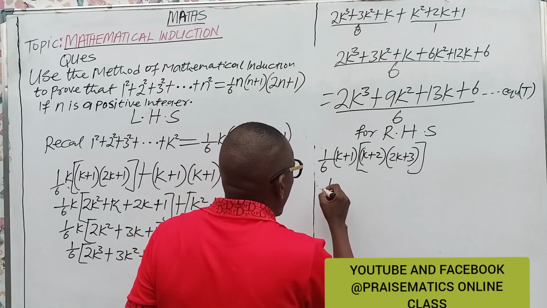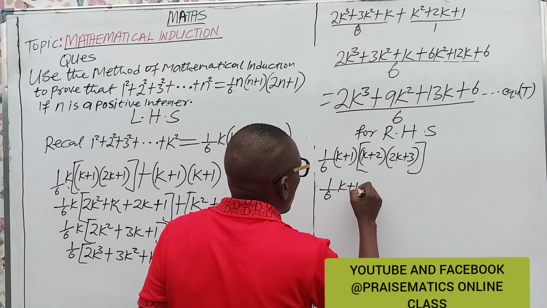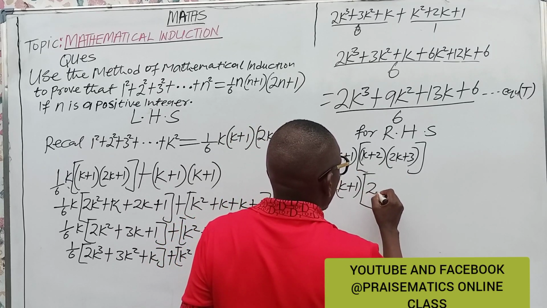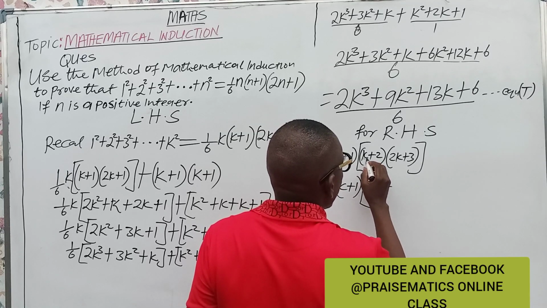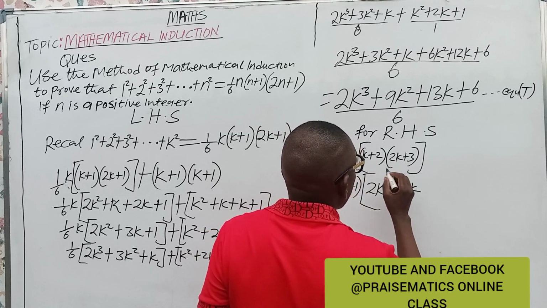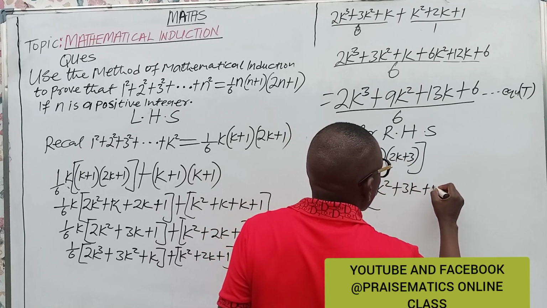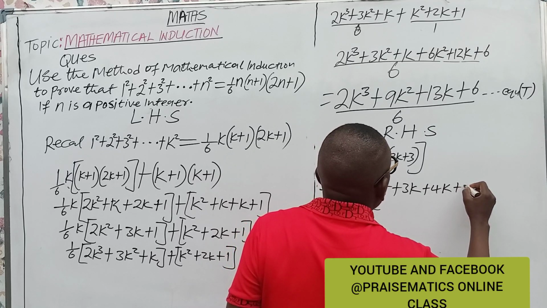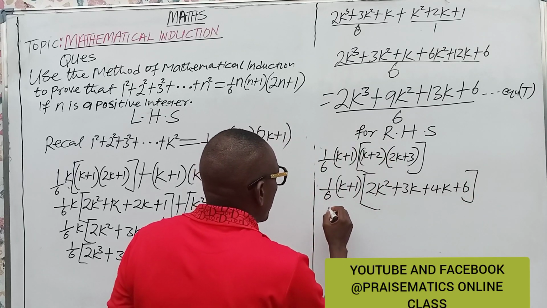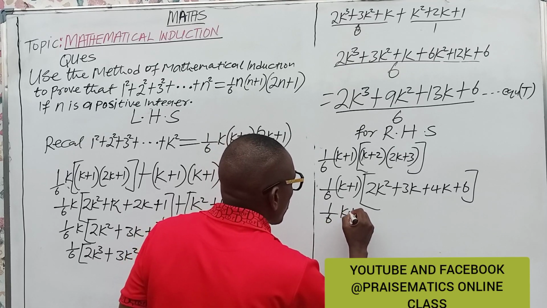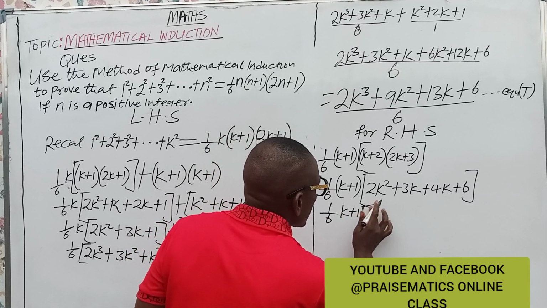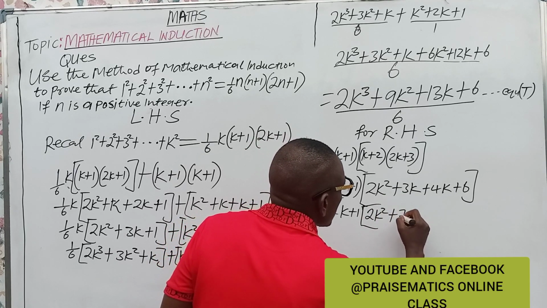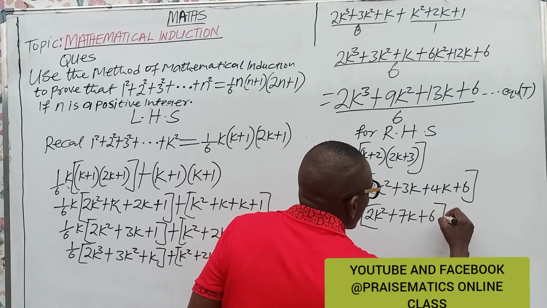K times 2k will give us 2k squared. K times 3 will give us 3k. 2 times 2k will give us 4k. 2 times 3 will give us 6, close the bracket. We now have 1 over 6 (k plus 1) into (2k squared plus 7k plus 6), close the bracket.